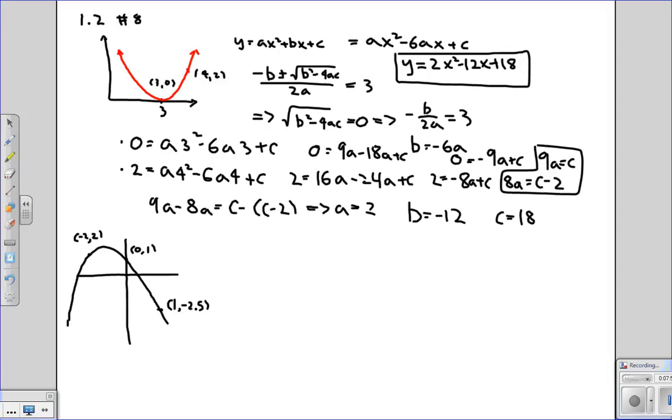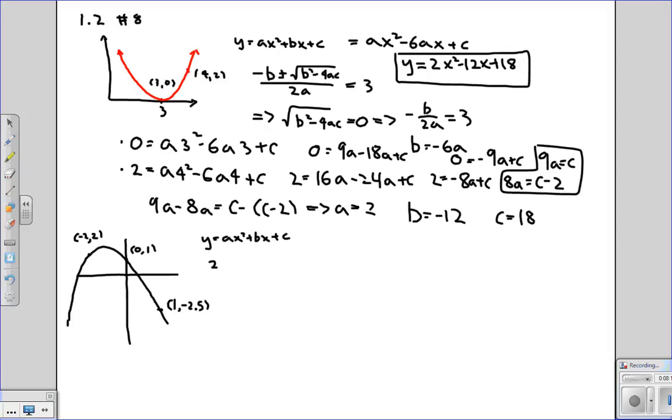So once again, our guess is y equals ax squared plus bx plus c. And now our goal is to find a, b, and c. So we have 3 points. That gives us 3 equations. So if (negative 2, 2) lies on this graph, what does that mean?